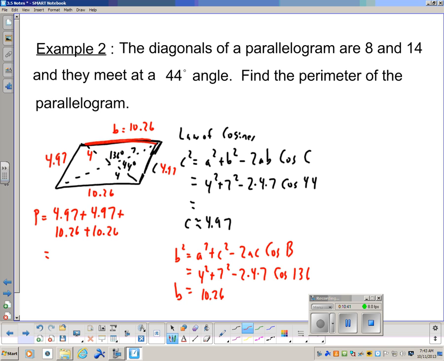So it's 10.26 plus 10.26 plus 4.97 plus 4.97. And I'm getting 30.46 as my perimeter there.